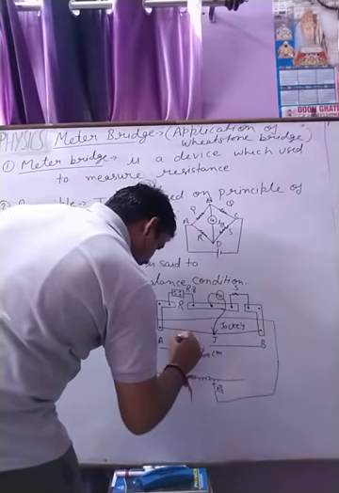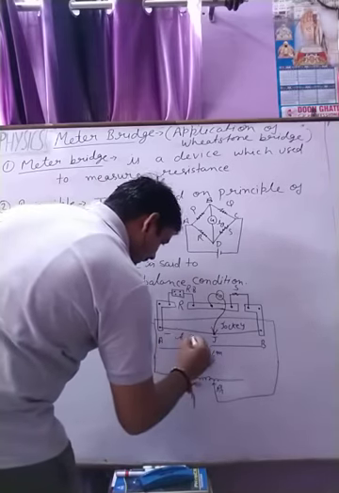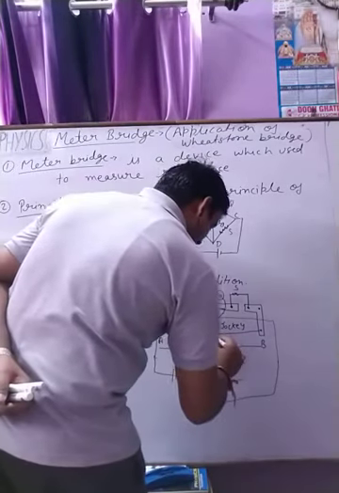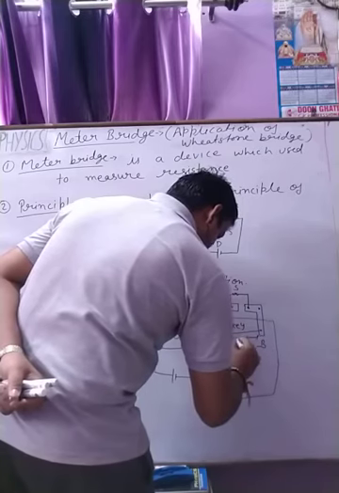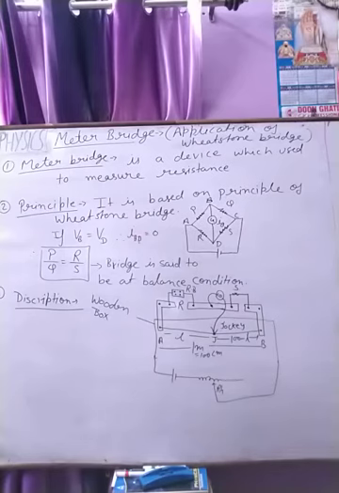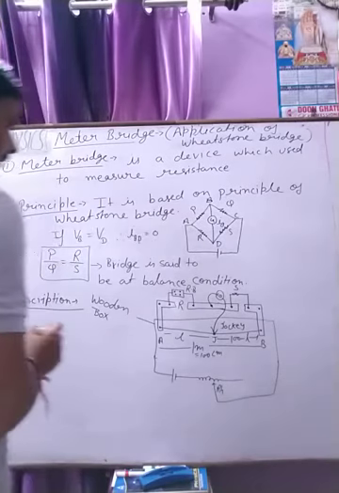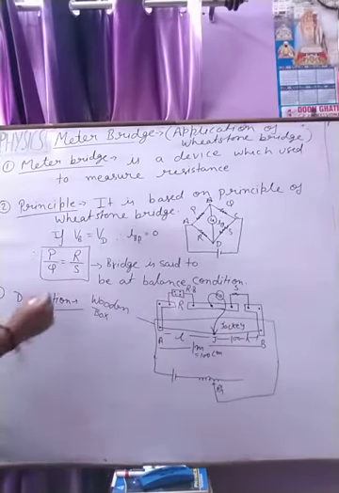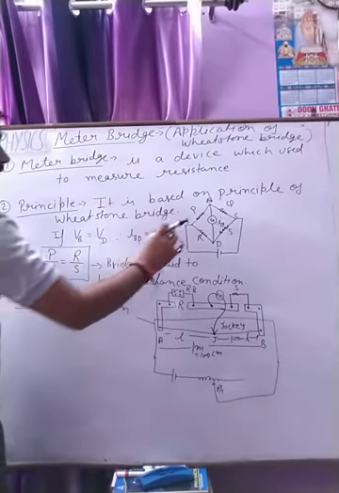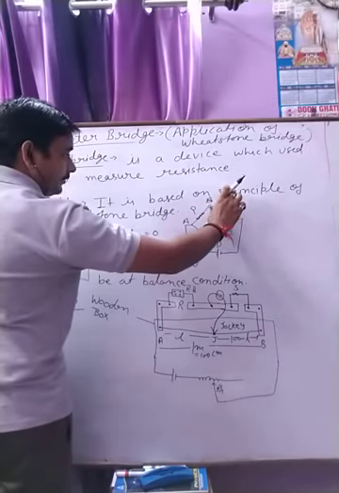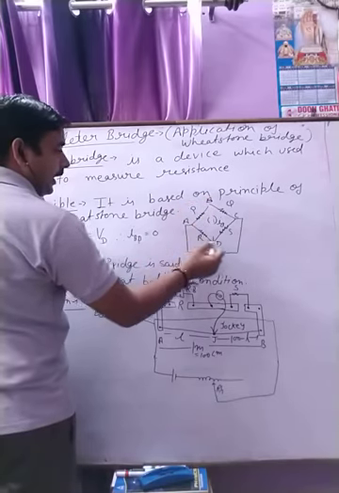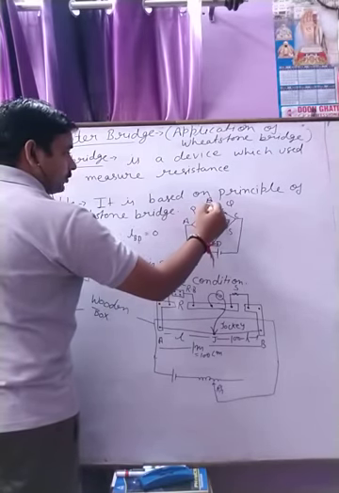Suppose the balancing length from A to J is L, so the remaining length is 100 minus L. Student, in this wire no current is flowing, so P and Q are in series and R and S are also in series.